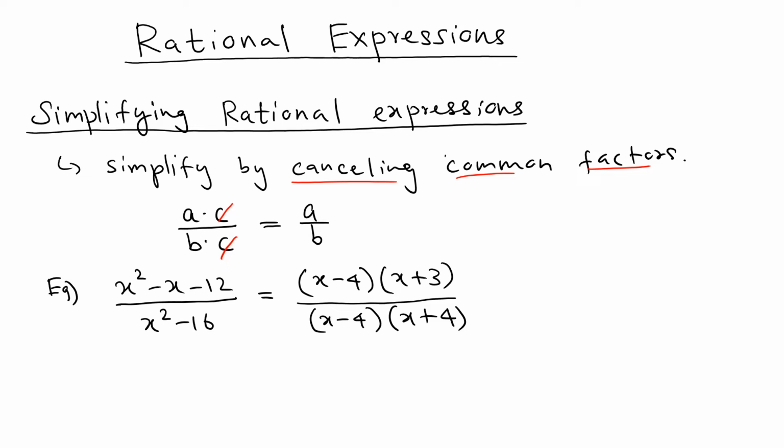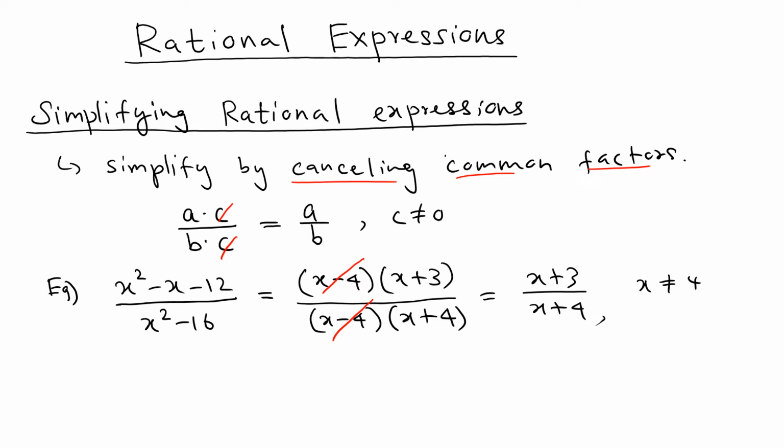Now since x minus 4 is the common factor, we're going to cancel it out. We're going to get the rest: x plus 3 over x plus 4. It's very simple, and you can see that we cannot simplify this further than that. And this one is valid only when x is not equal to 4. The assumption here is c cannot be 0, so in this case x cannot be 4.